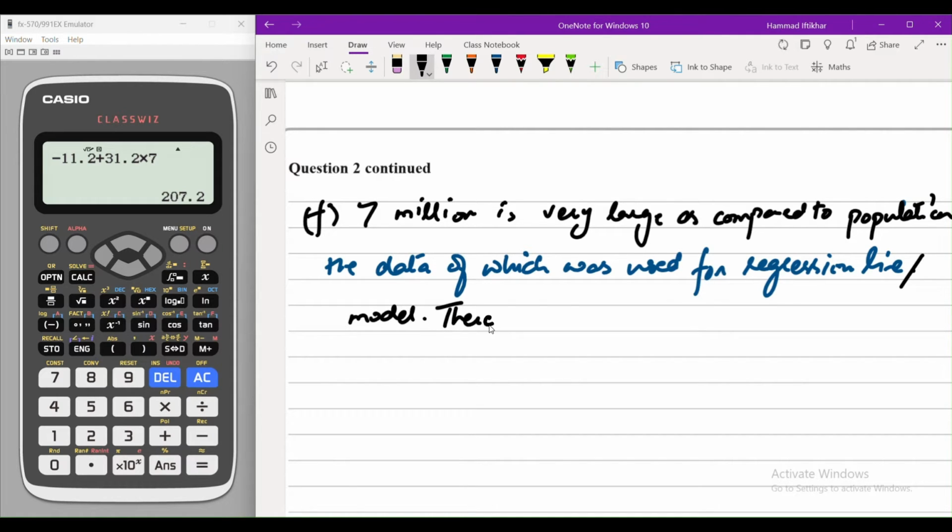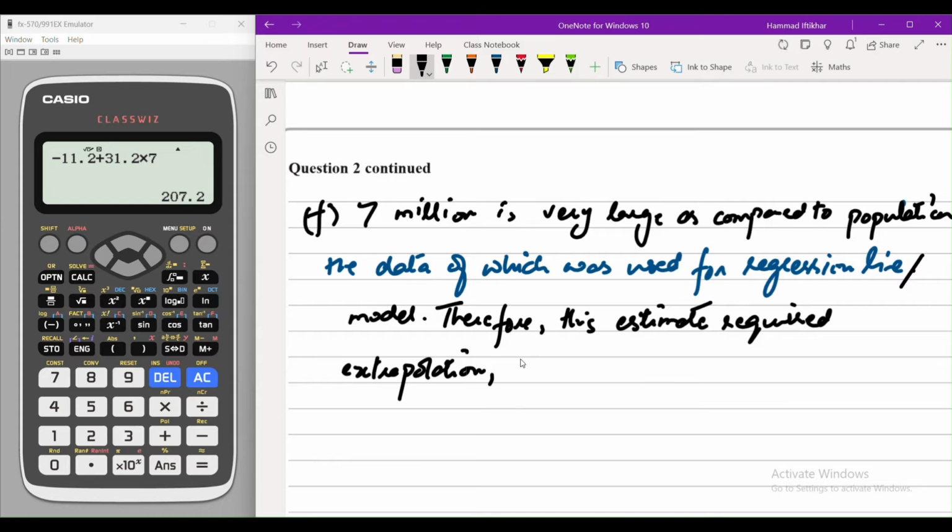Therefore, this estimate required extrapolation, which would make this estimate unreliable. Okay.